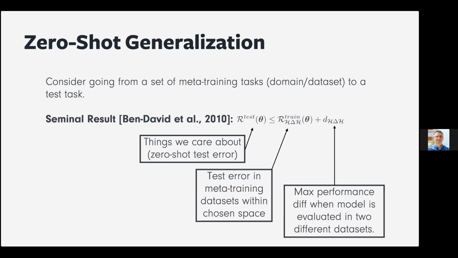Just think that the hope is I want to constrain the representations enough such that this D term will be small, in a way that any model learned over these representations will work similarly over different data sets. And I also hope that my test error within the training data sets will be small.